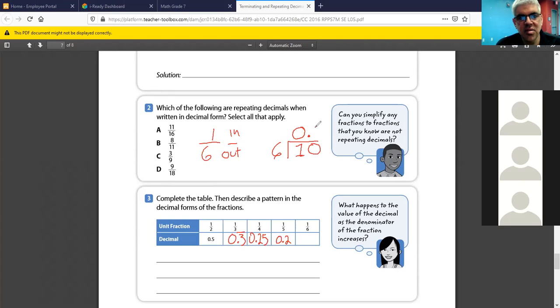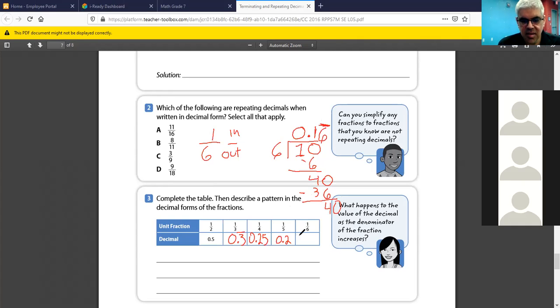And 6 does fit into 10 one time. 6 times 1 is 6. 4, free 0. 6 times 6 is 36. So I'm going to subtract 36. But I can see what's going to happen. 40 minus 36 is 4 again. So the pattern continues. So my answer is 0.16 repeating.